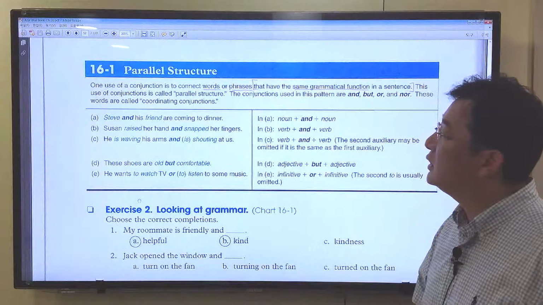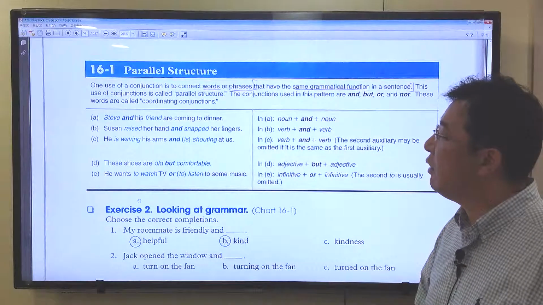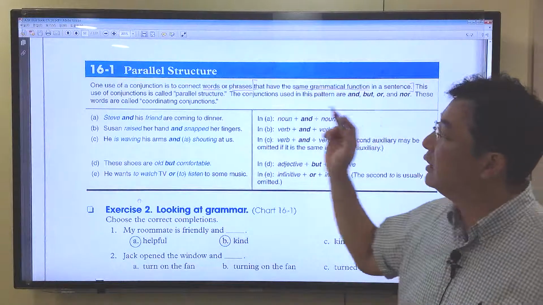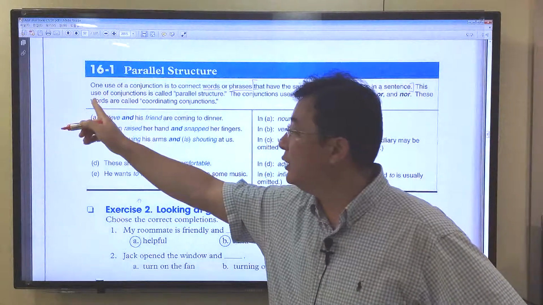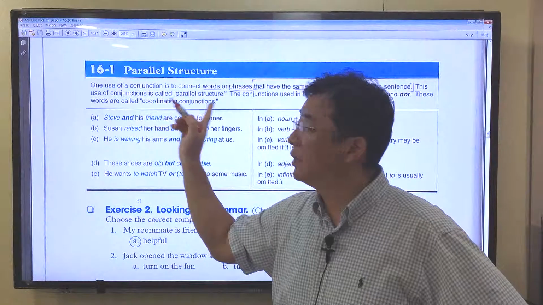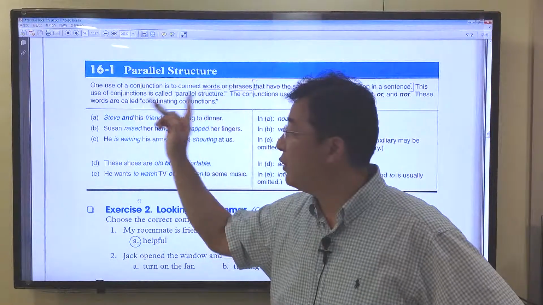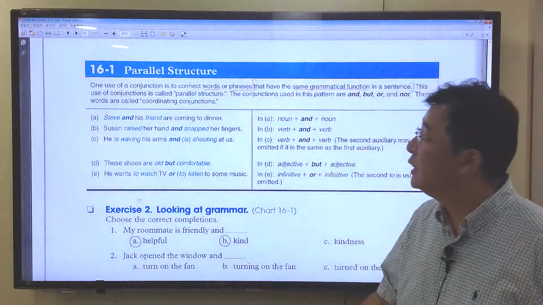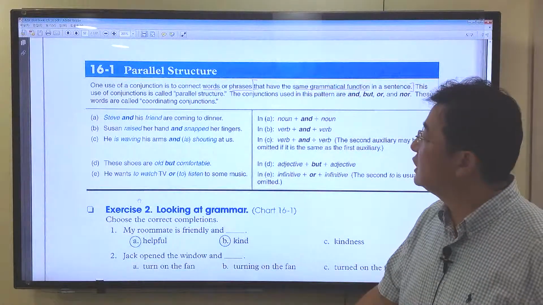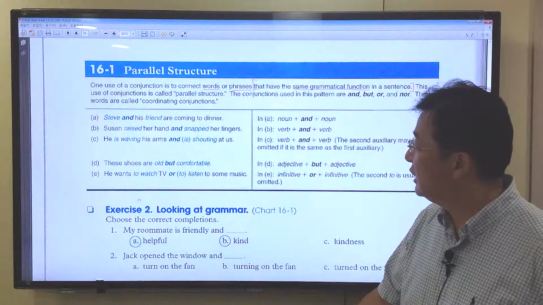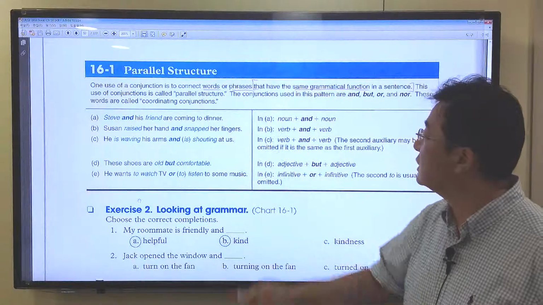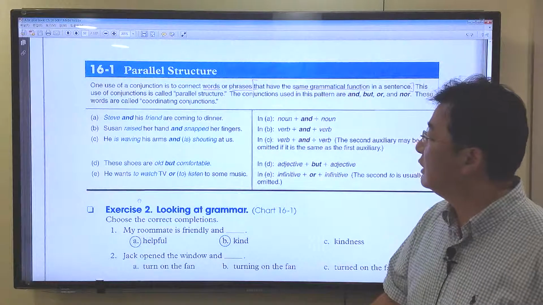그죠? This use of conjunctions is called parallel structure. 그래서 이러한 접속사의 사용을 뭐라고 부른단 말입니다. 이러한 접속사의 사용이 평행 구조라 불린다 이 말입니다. 그죠? So the conjunctions used in this pattern, 그래서 이러한 패턴에 사용되는 접속사들은 어떤 것들이 있답니까?